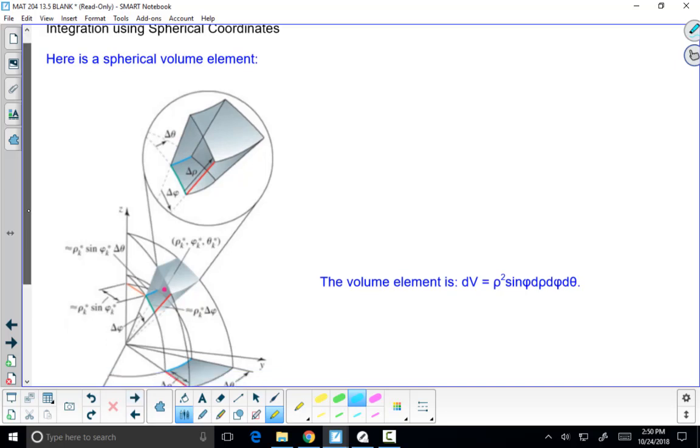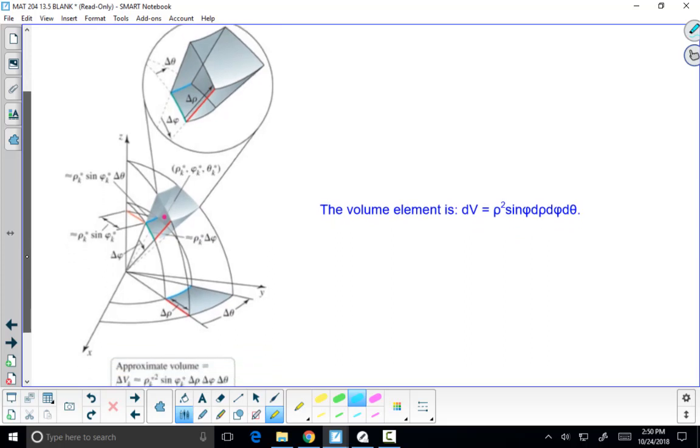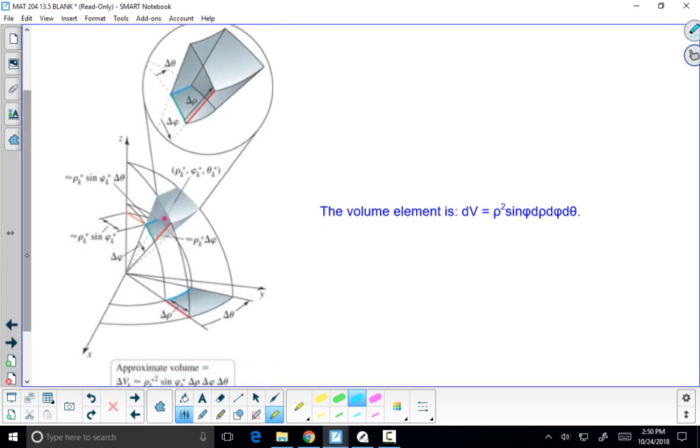All right, the spherical volume element. Intimidating. Doesn't that thing look crazy? It looks like we're performing surgery on something. All right, so the volume element, we are not going to show why this is true, but the volume element in Cartesian, dx, dy, dz, or some combination.